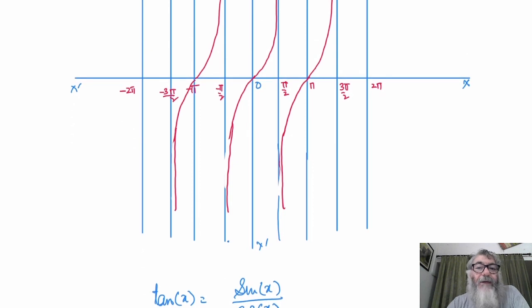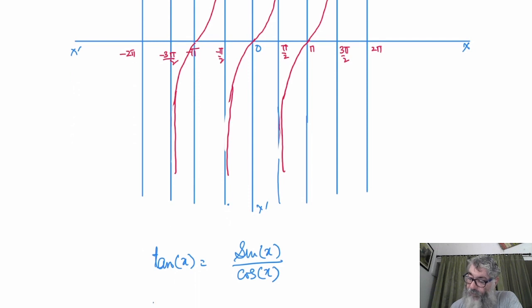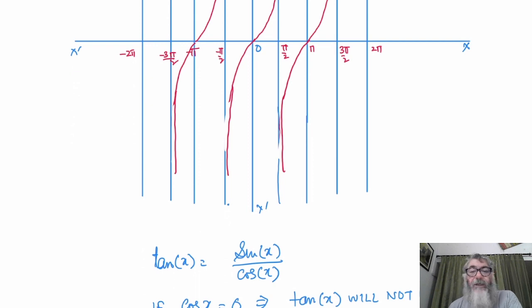And if cos x becomes 0, then tan x will not be defined. Why? Because if in a function you get 0 in the denominator, then you get the form of a definite number upon 0, which is not defined.